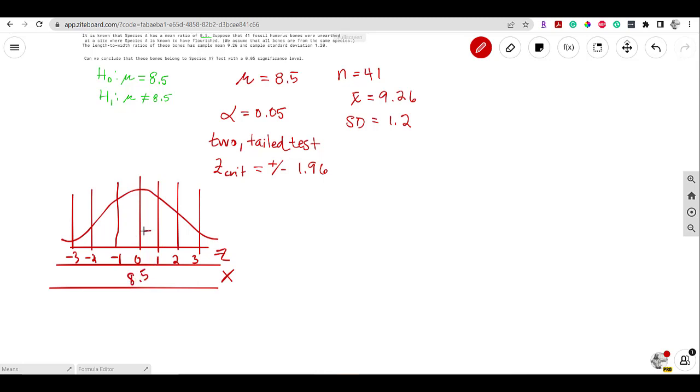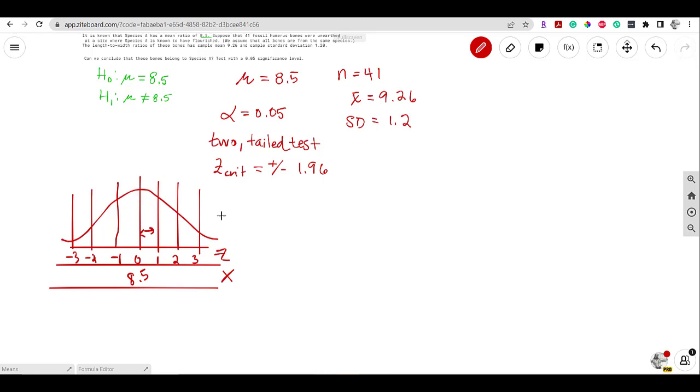And we have to calculate the standard error that is going to be here. Okay, now this one's a little bit unusual because it gave us the sample standard deviation instead of the population standard deviation. For the sake of this example, let's go ahead and use the standard deviation of the sample to figure out the standard error.